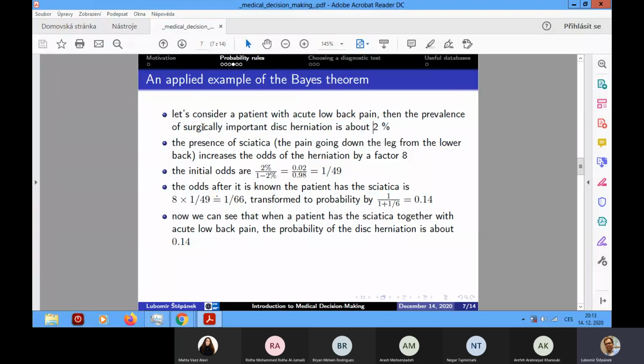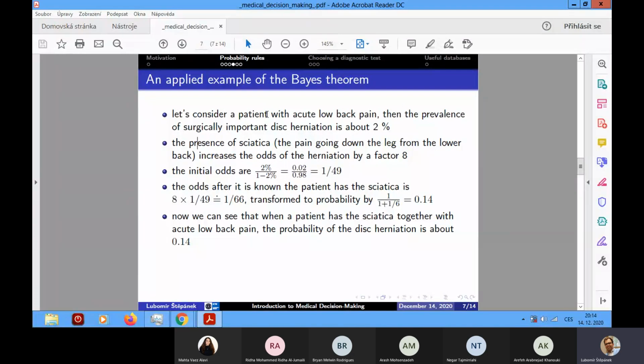Surgically important disc herniation is definitely a serious situation for a patient, because it could press on some peripheral nerves, for example the phrenic nerves, which could affect the ventilation of the lungs by diaphragm movements and so on. So it could be a really severe situation.